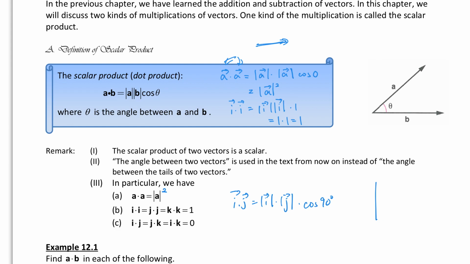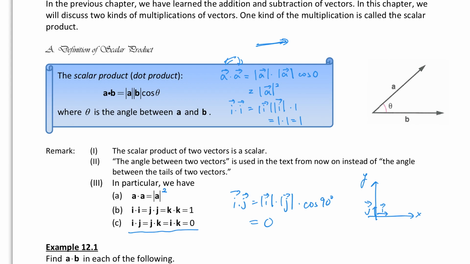Because this is the y-axis and this is the x-axis, this is vector I and vector J. The angle between vector I and vector J is equal to 90 degrees. So cosine 90 is equal to 0. So you can see that I dot J, J dot K, or I dot K is also equal to 0.